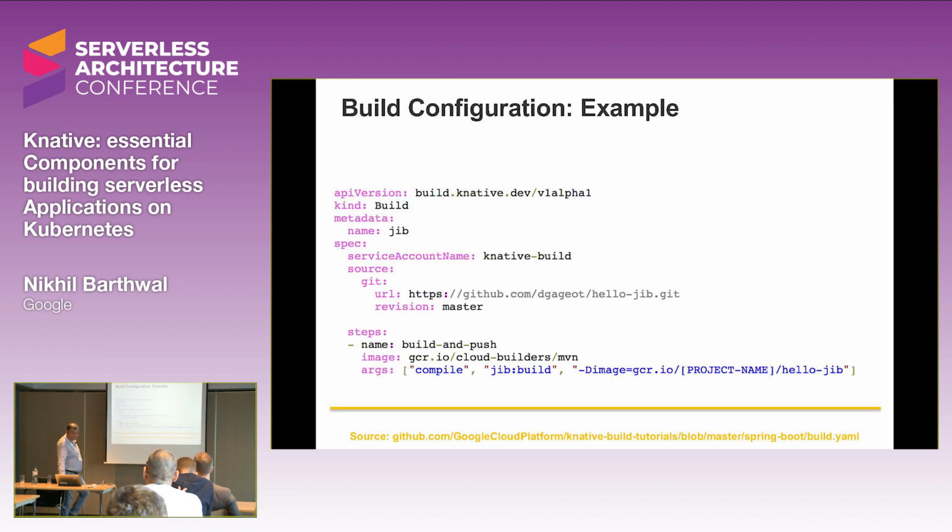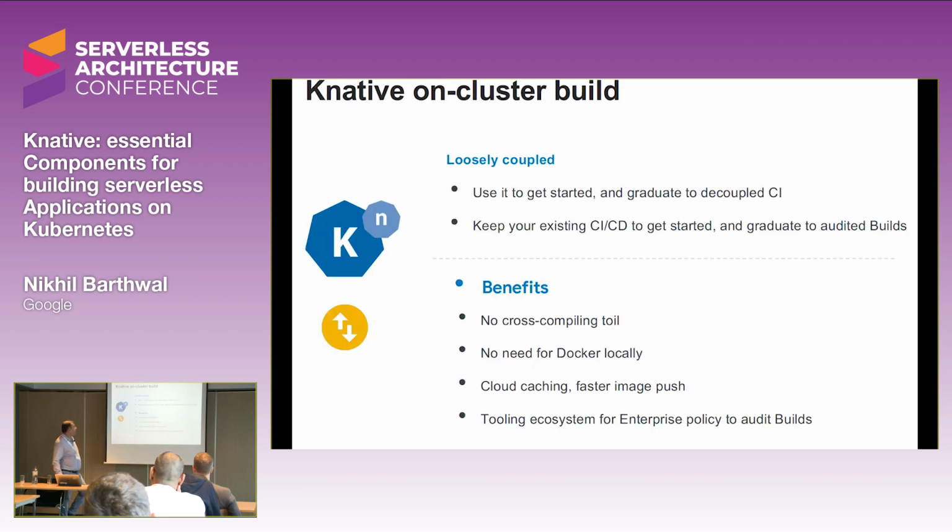So that's an example of a build configuration. API version, it's alpha, as you can see, service account and steps, and you have all of these image, Google Container Registry image, and then you have these commands. There are a lot of examples on the Google Cloud Platform GitHub page on Cloud Build, right?